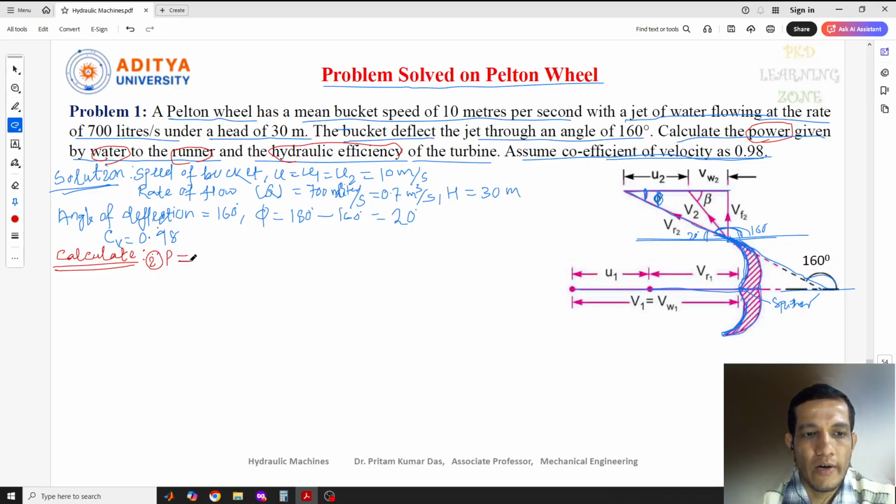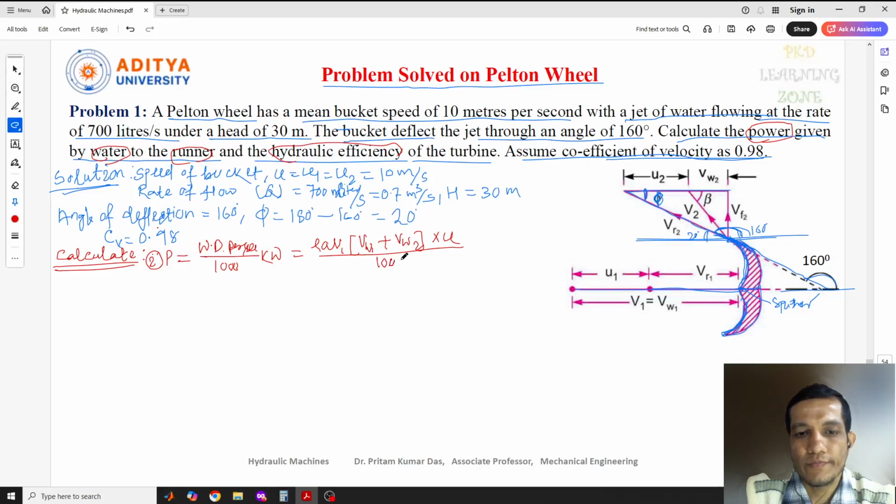Power we already calculated in our last lecture. This is equal to work done per second divided by 1000, in kilowatt. What is that work done per second? We got this work done per second is nothing but rho a V1 into (VW1 plus VW2) into U, divided by 1000.